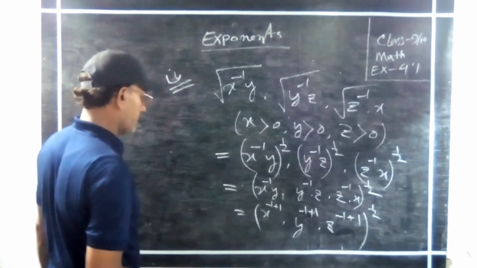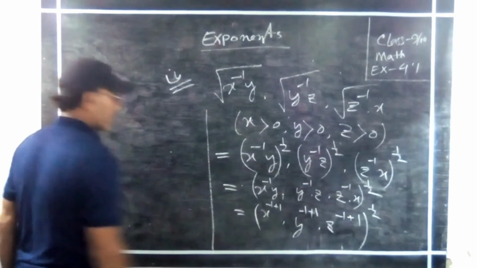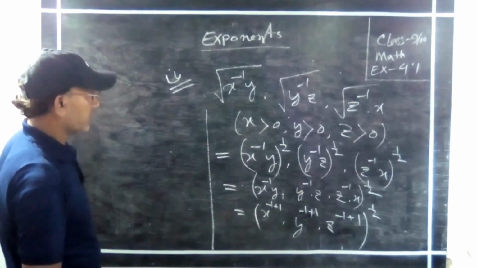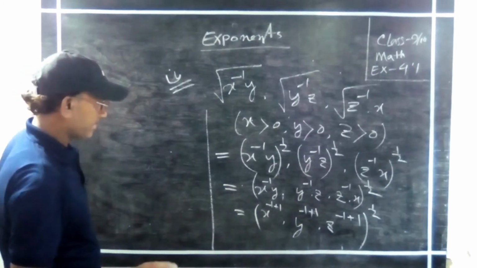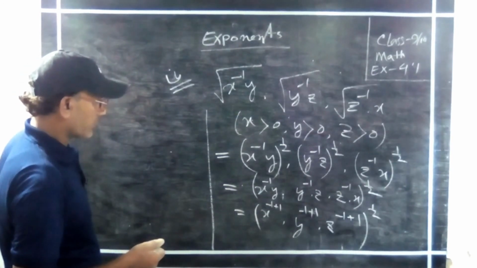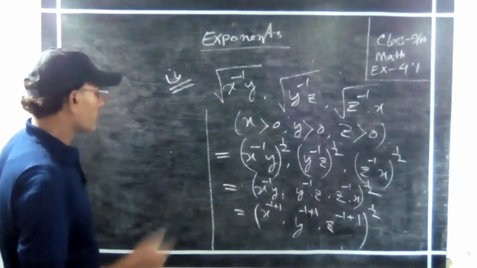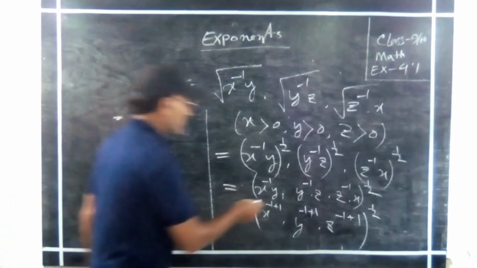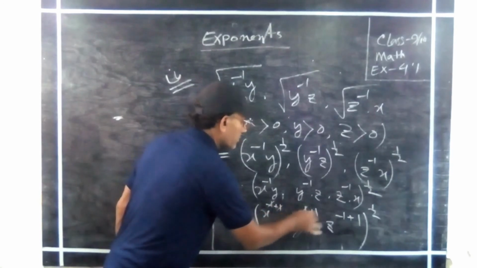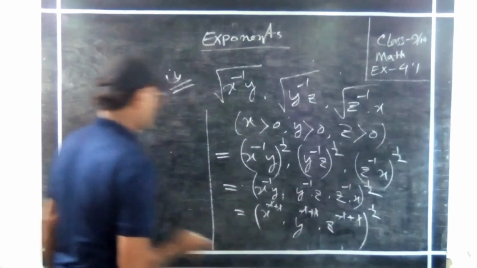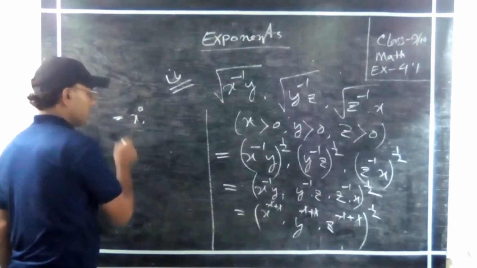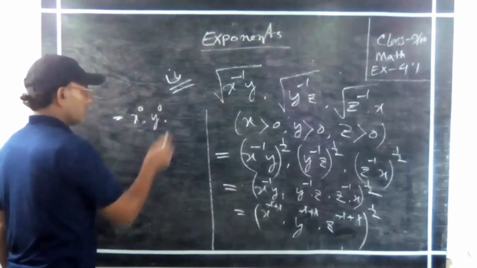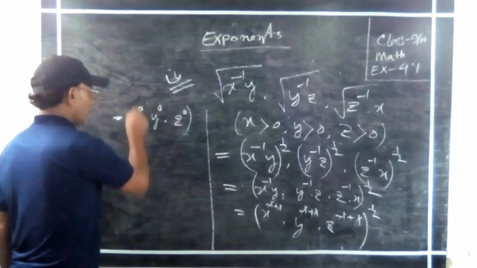We need to write the left side, but it is a mistake. Sorry, next I will try to solve the problem. So equal to, we can cross it here, so x to the power 0 into y to the power 0 into z to the power 0, whole to the power half.